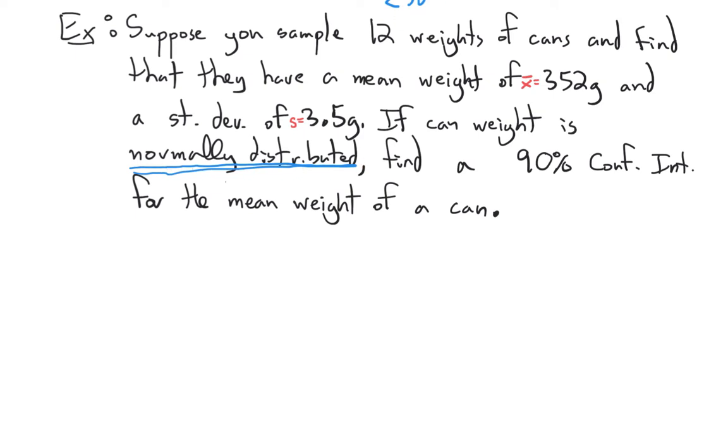We have a small sample size, so we're thinking t distribution. So we know this is going to be a t distribution with n minus 1, we have a sample size of 12, so 11 degrees of freedom. So that's going to help us out. We know the shape of the distribution now.